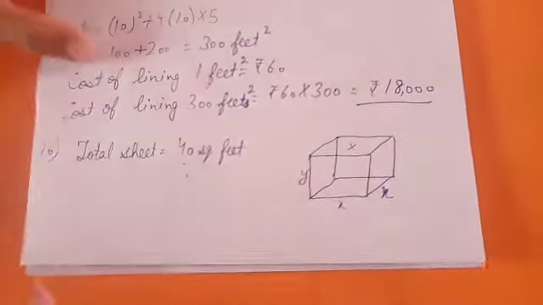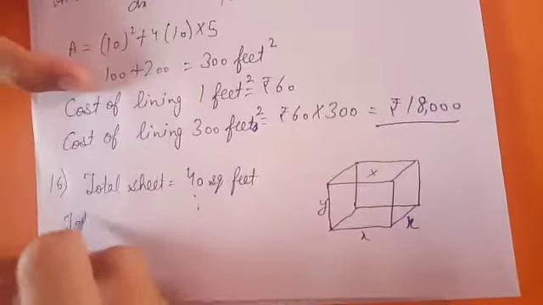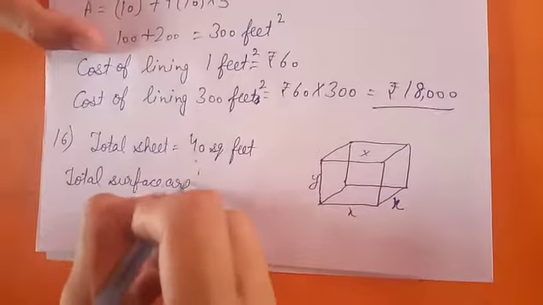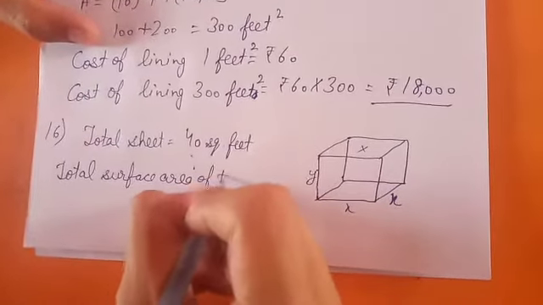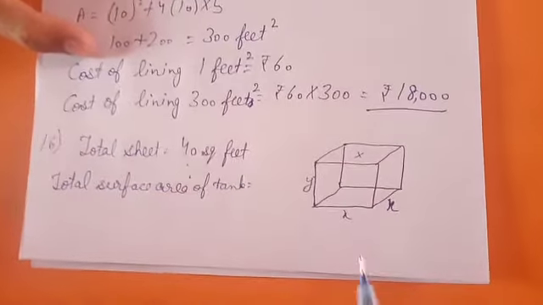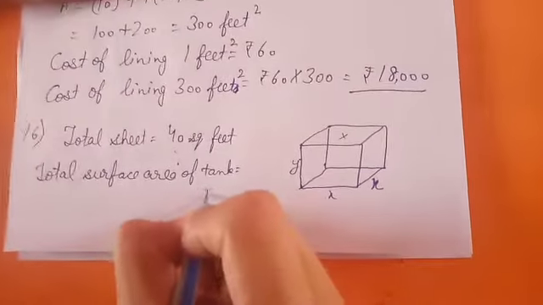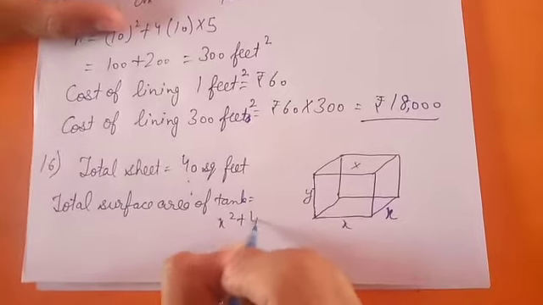So we can find this total surface area. The total surface area of the tank will be, like in the last question number 15, x square plus 4xy.